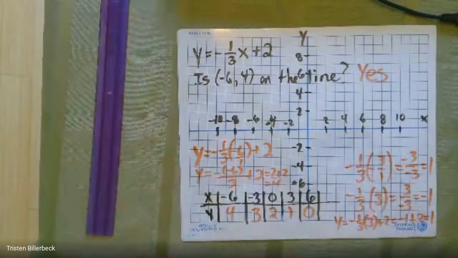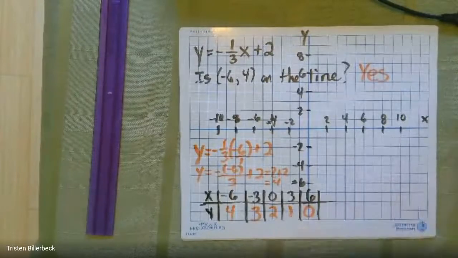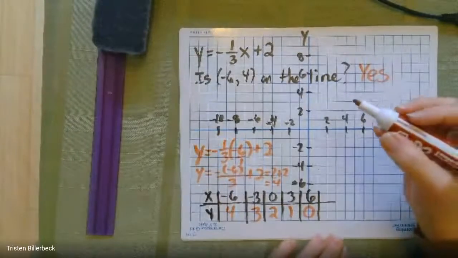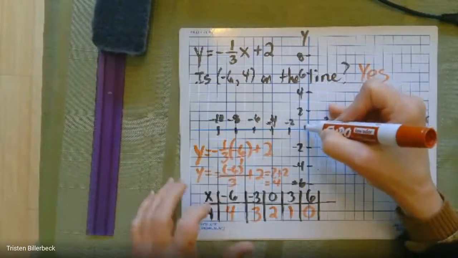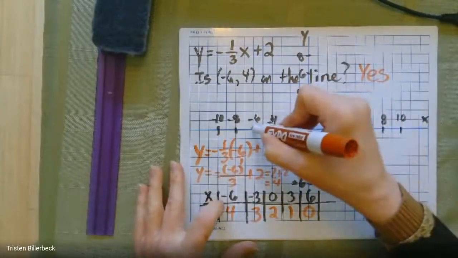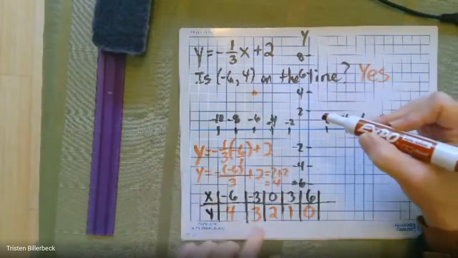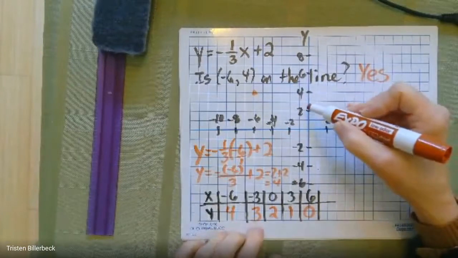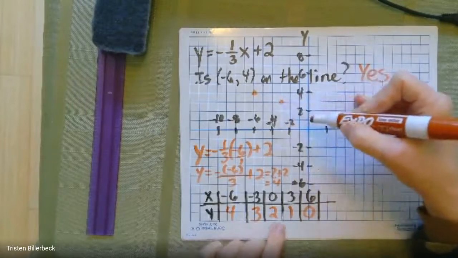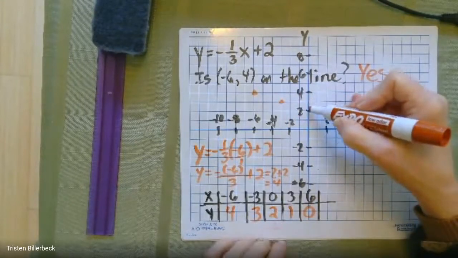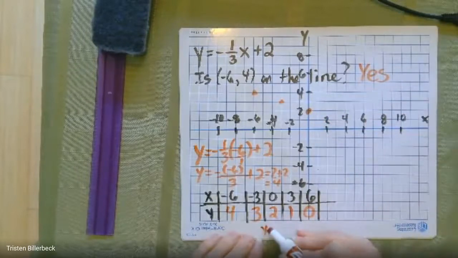So now we can go and graph this line. So we have (-6, 4) right here, and then we go up to 4, which is right here. Then we have -3, and we're going up to 3. We have at 0, we have 2. So we have a y-intercept right here.